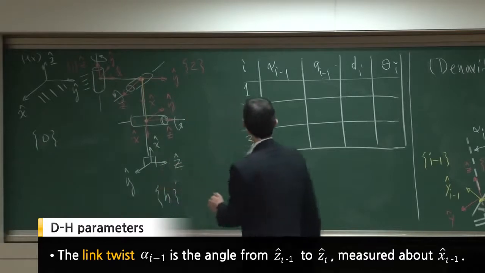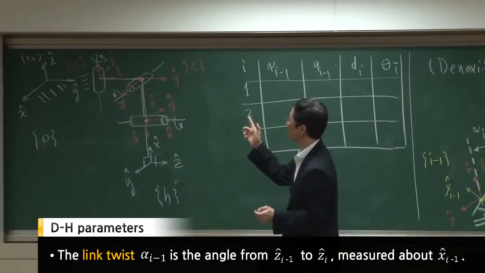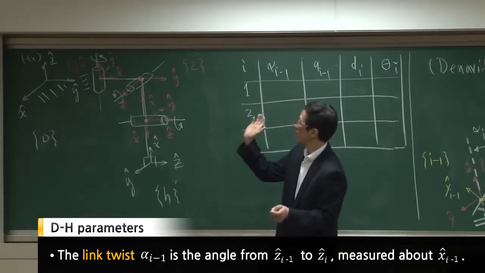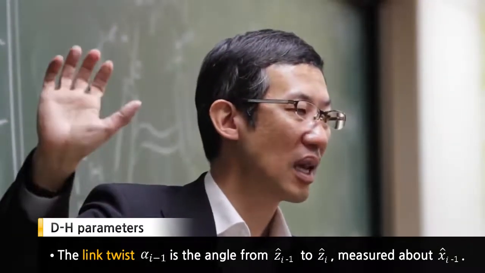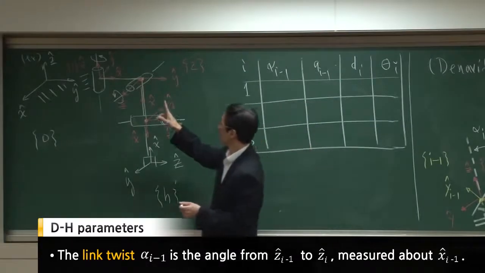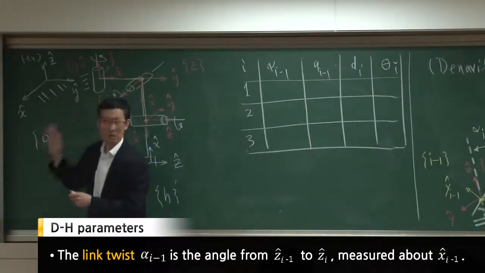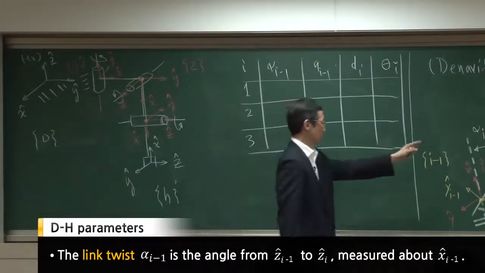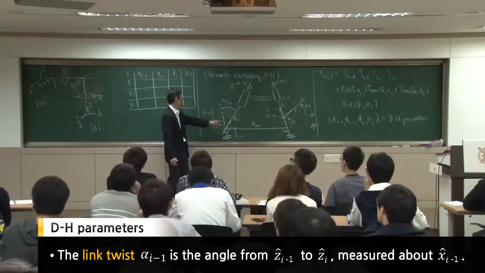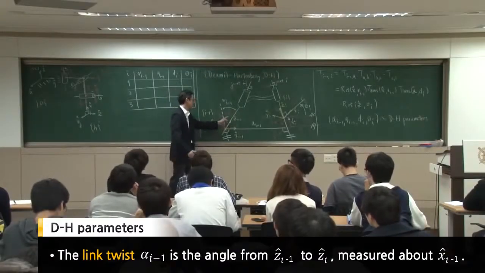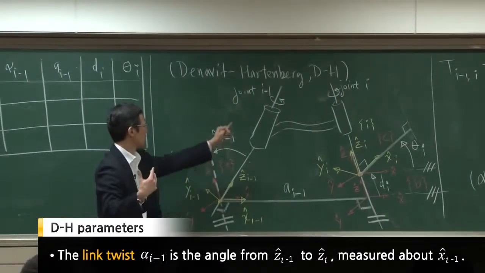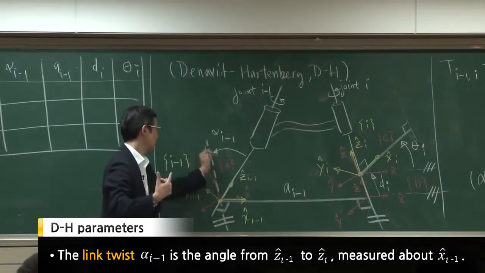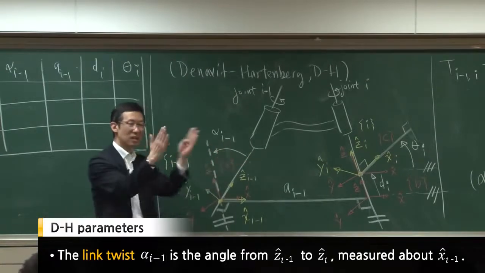So in the first step, what we do is we rotate around the x-axis, to make sure that the z-axes are lined up. Rotate around the x-axis by angle alpha. If we do that, then joint axis I minus 1 and joint axis I are lined up.